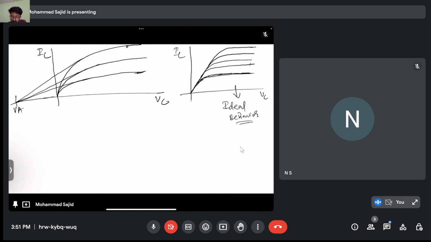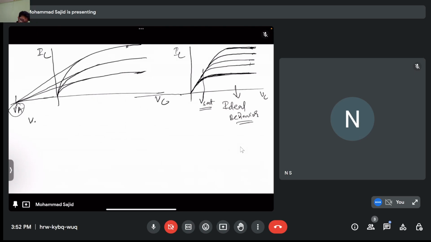Ideal behavior means that if you go on increasing VC after the saturation voltage, let's call it VSAT, your current does not increase further. If it does increase further, we come to know about it by using the value of VA.